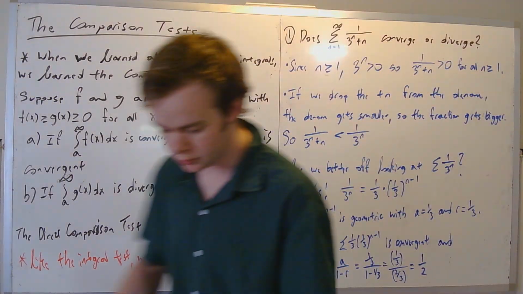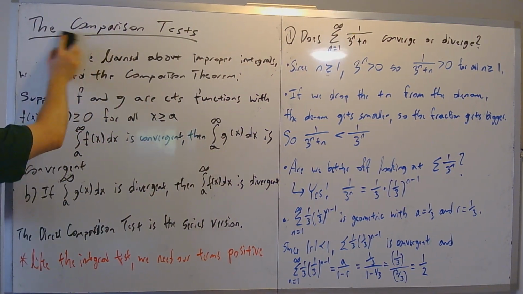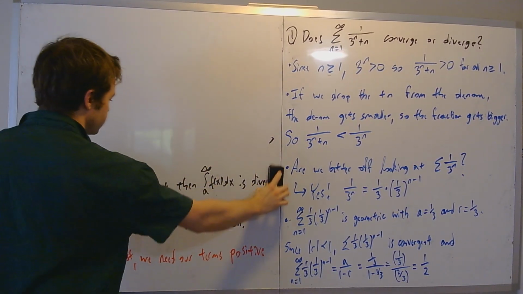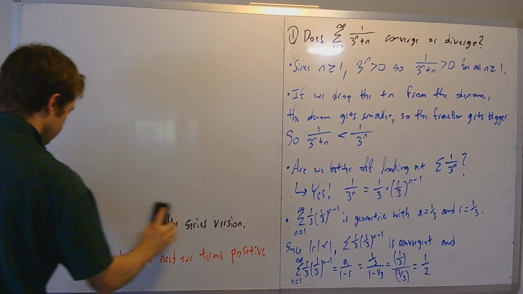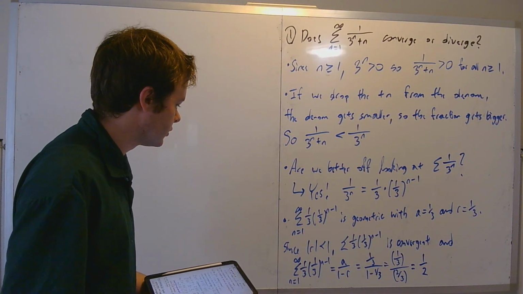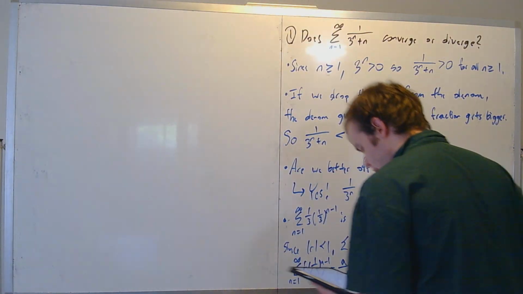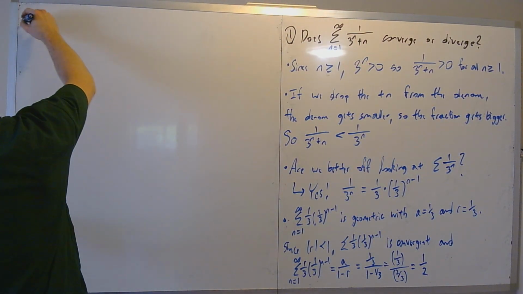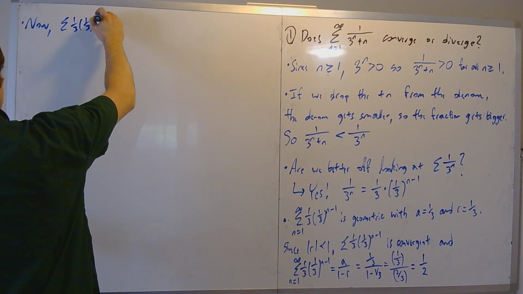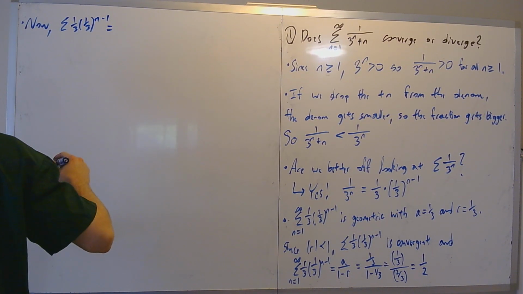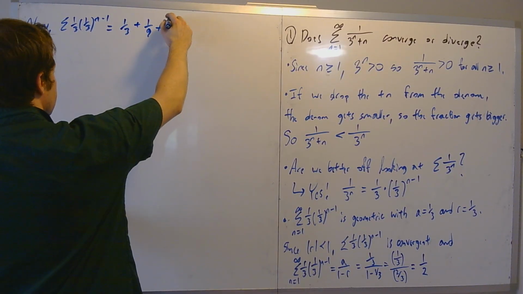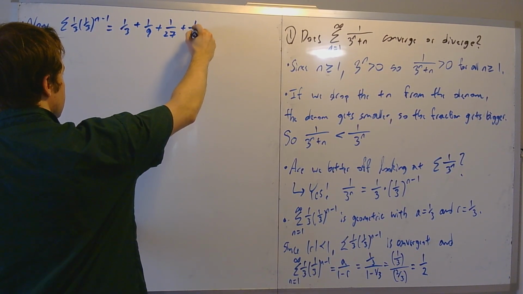Okay, and now we're almost done with the problem here. So now we can say that the sum of 1/3 times (1/3)^(n-1) equals 1/3 plus 1/9 plus 1/27 plus 1/81 and so on, right?